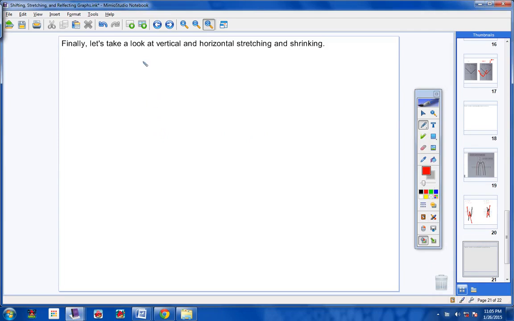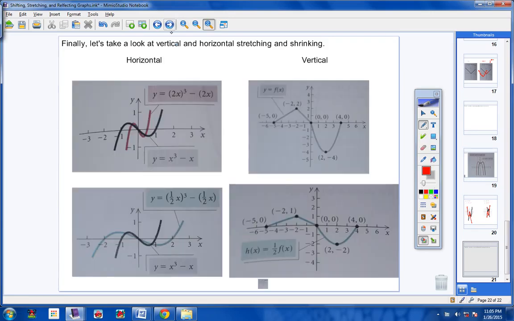Finally, students, let's take a look at vertical and horizontal stretching and shrinking. This will be the most difficult, so please take really good notes and please pay attention. Okay, sorry. Okay, here we go.